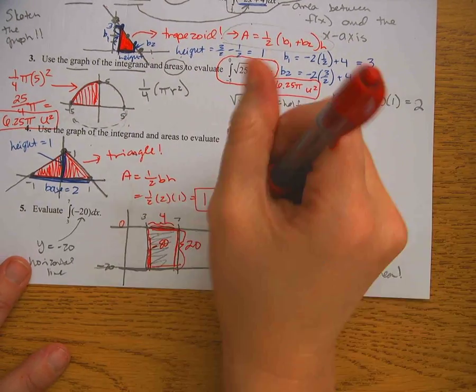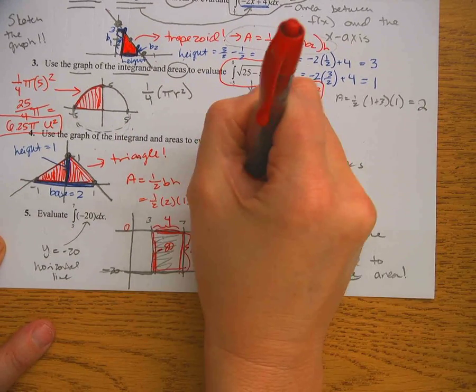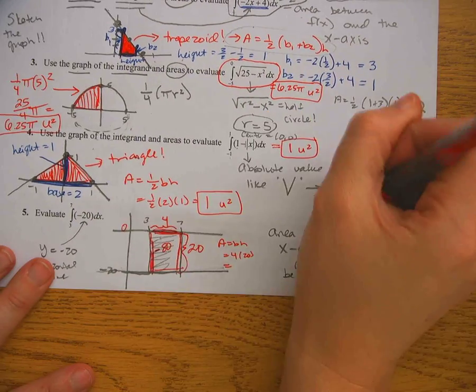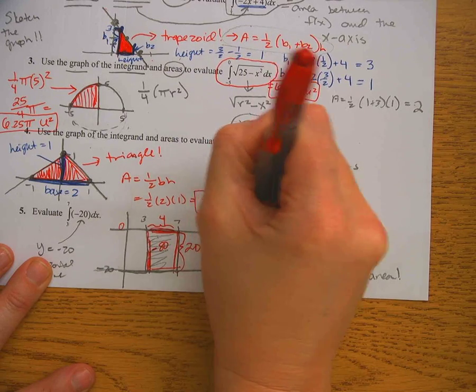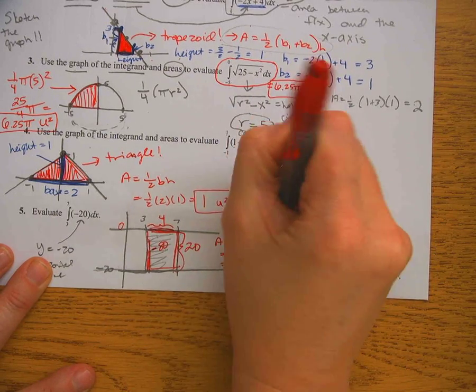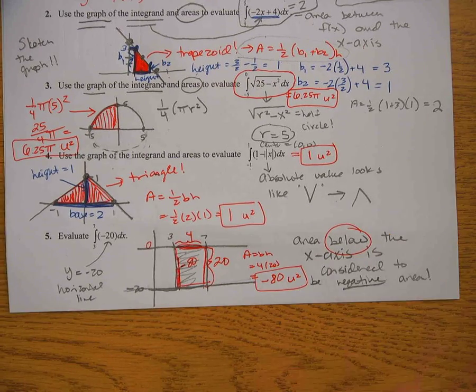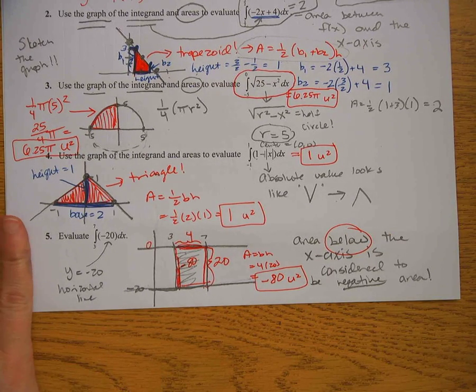So I basically do area, which is base times height, 4 times 20, but it's below the x-axis, so it's -80 units squared. All right, the last video will be finishing the 3rd page of notes.